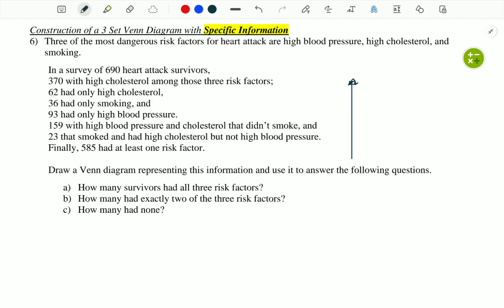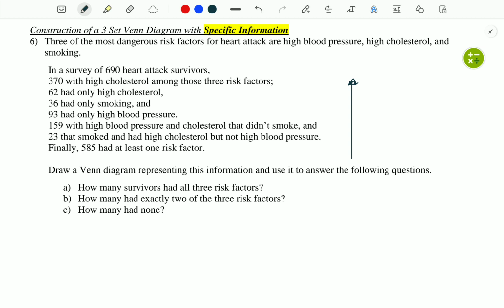This is different from general information because in the last question, when we had 2 categories, we did not exclude the third. 23 smoked and had high cholesterol, but did not have high blood pressure. So they had 2 of the 3 risk factors, but excluding the third. And finally, 585 had at least 1 risk factor.